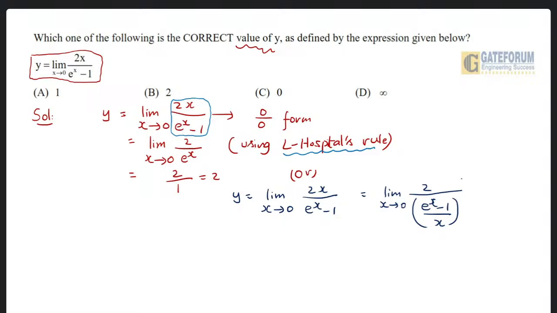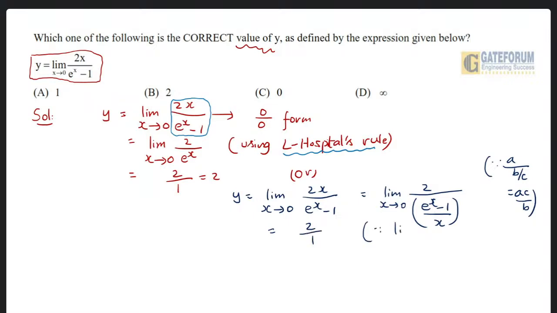That is a by b by c. You know that from our childhood classes. A divided by b by c is nothing but when a number is divided by a fraction, the fraction will be inverted, which is multiplying with the numerator. So ac by b. So this is a standard limit. Limit of a constant is itself. Apply limit to each numerator and denominator, and the denominator is a standard limit, 1.